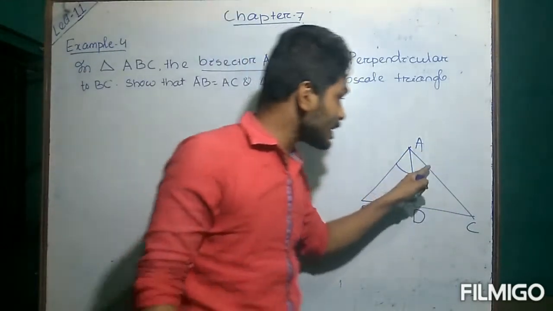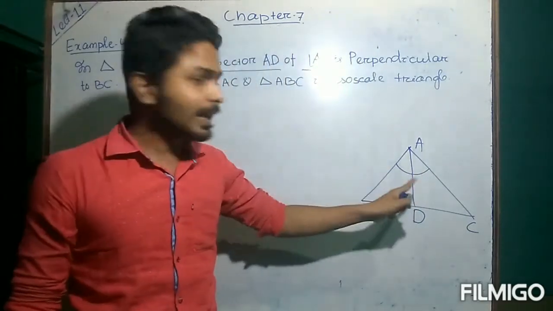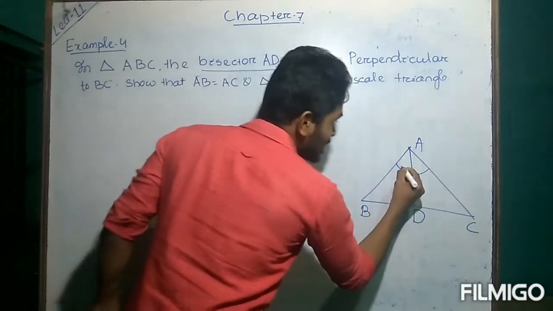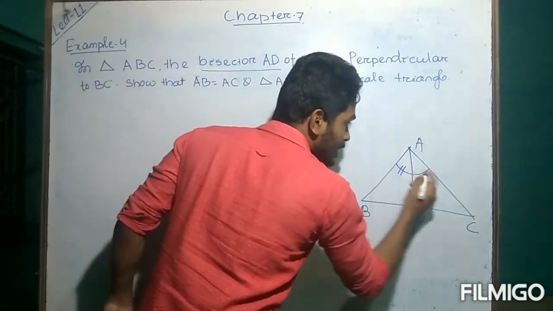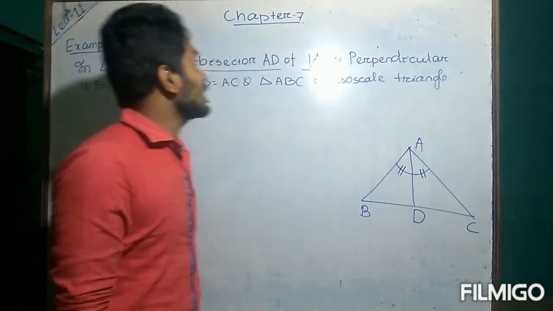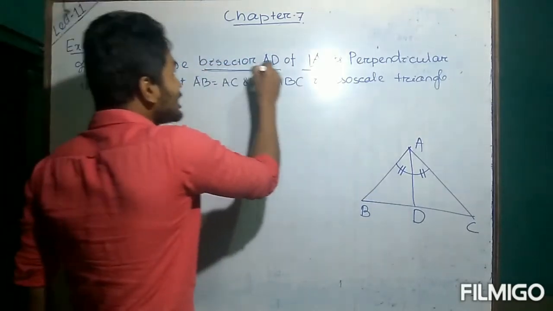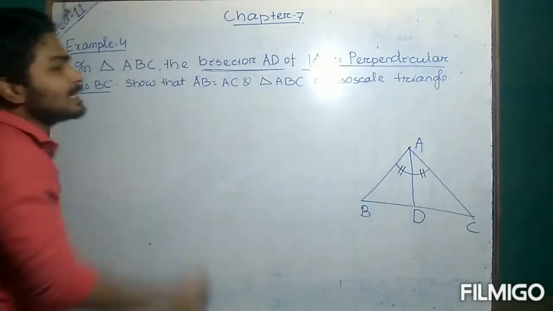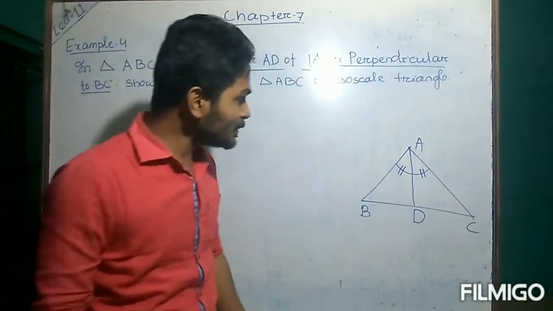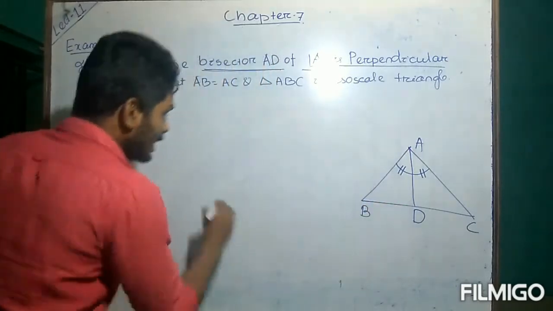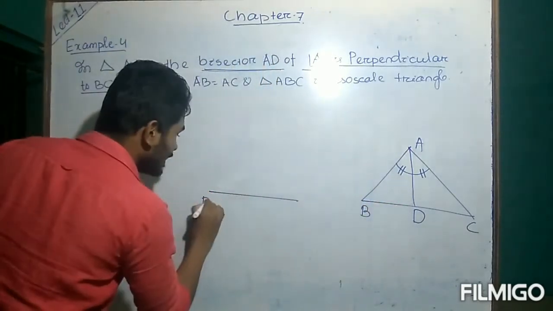What does it mean by angle bisector? An angle bisector is a line which divides an angle into two equal halves. It means this half is equal to this half. Understood? Next, this bisector AD is perpendicular to BC. What does it give? Suppose this is the line BC.